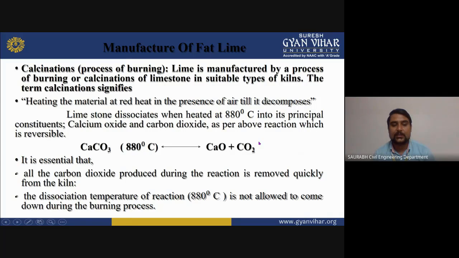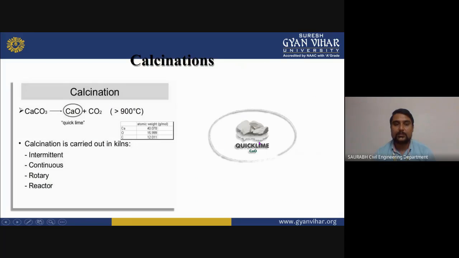It is essential that all the carbon dioxide produced during the reaction is removed quickly from the kiln, and the dissociation temperature of the reaction, 880 degrees Celsius, is not allowed to come down during the burning process.